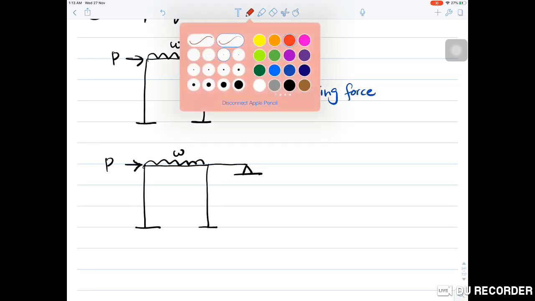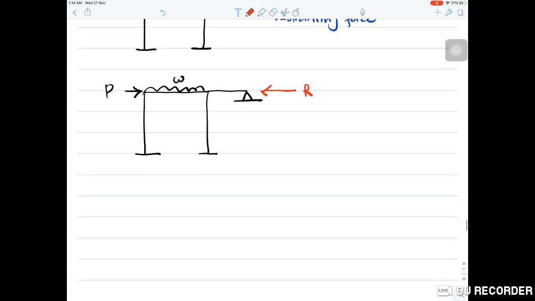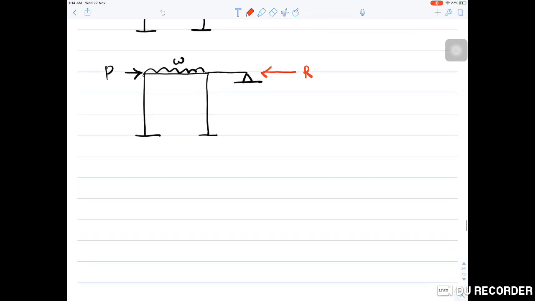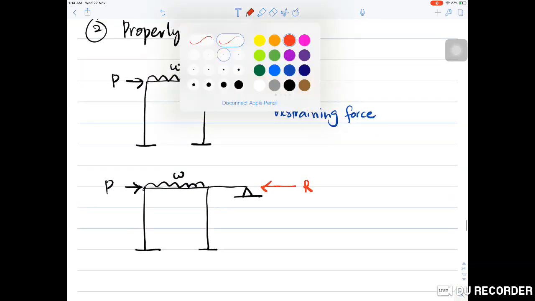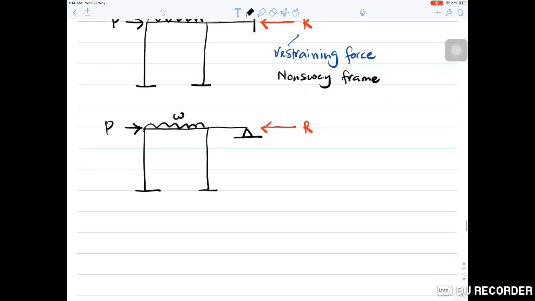Yes, there is a restraining force. So this frame is also called properly restrained. This is an unsymmetrical frame, but it is properly restrained. So this is a non-sway frame. This is also a non-sway frame.